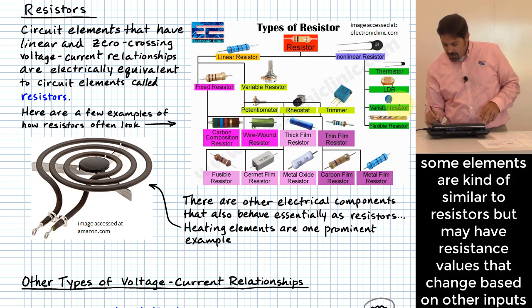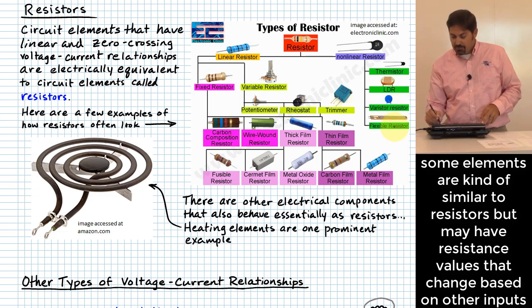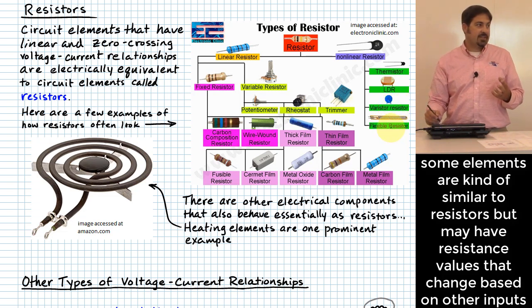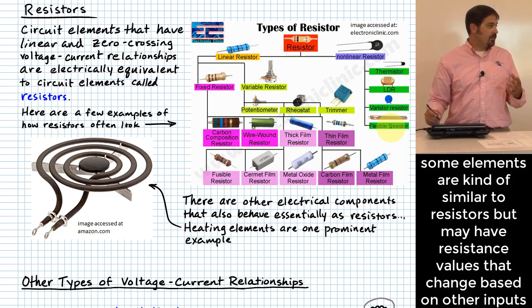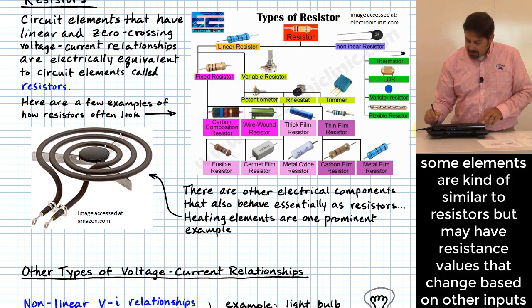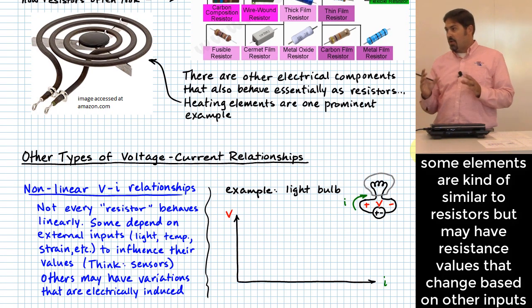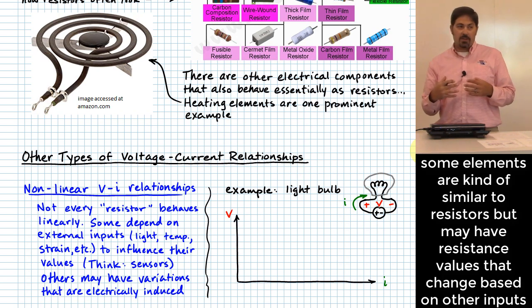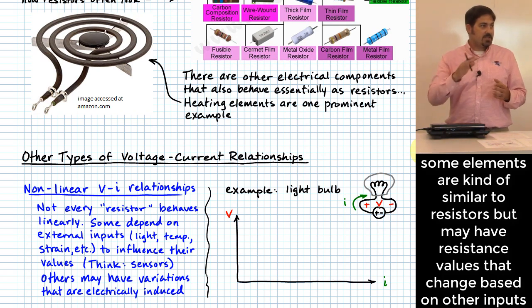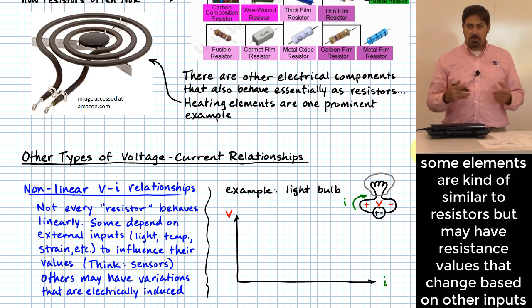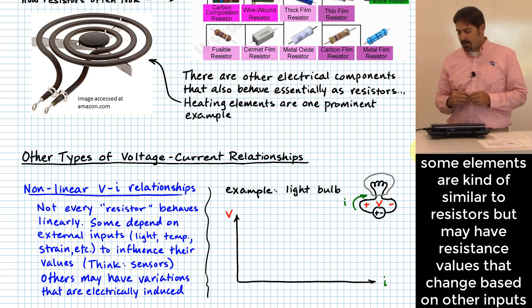A varistor resistor or a flexible resistor. Those kind of look like they have the goal of being some kind of a sensor. So that is definitely a category of resistor that we need to be aware of, that sometimes you can influence what the resistance value is of the element based on some external stimulus of some kind, right? Like temperature, light, a lot of different things.